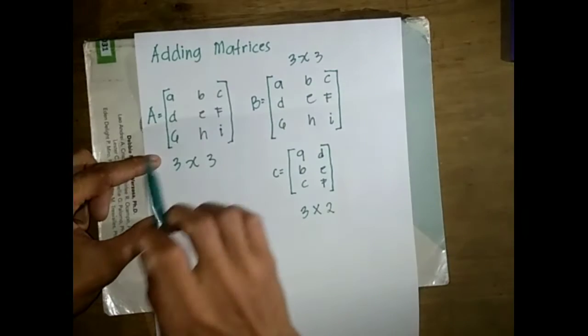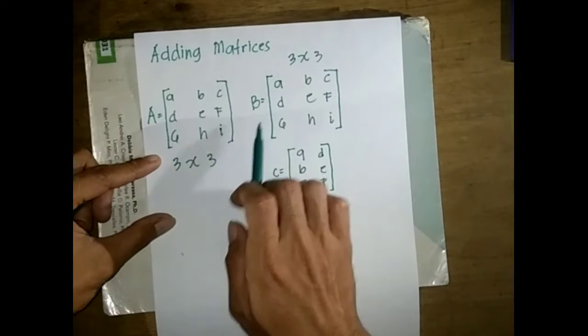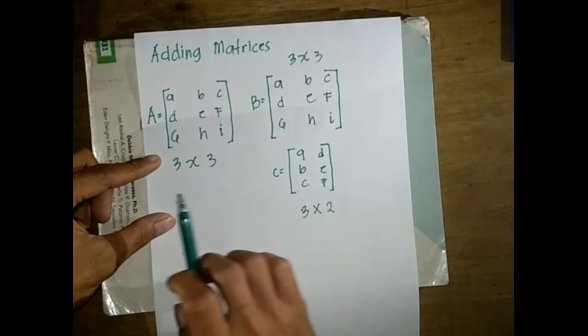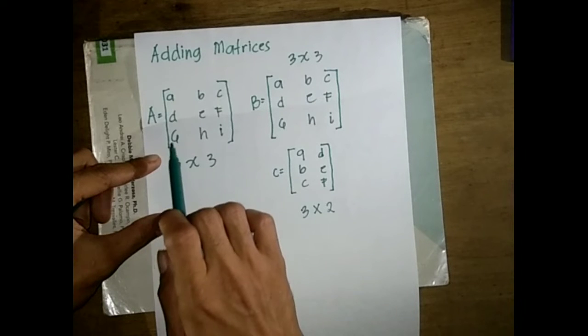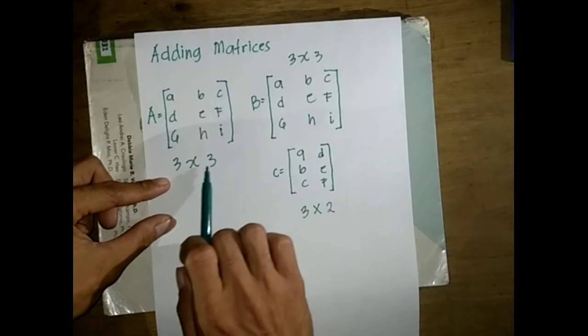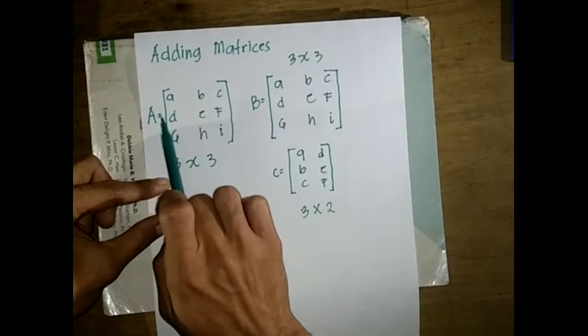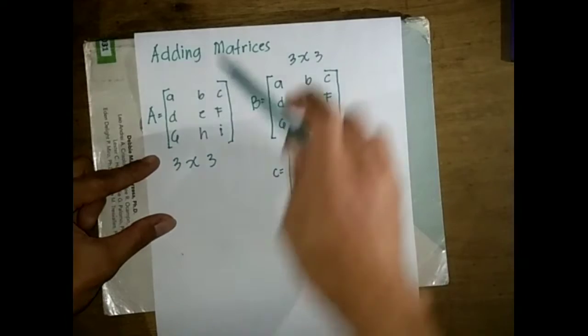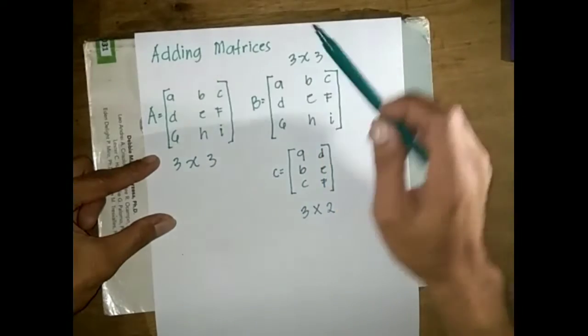So, meron tayong matrix A, matrix B, at matrix C. In our matrix A, meron siyang size na 3 by 3 kasi meron siyang 3 rows and 3 columns.